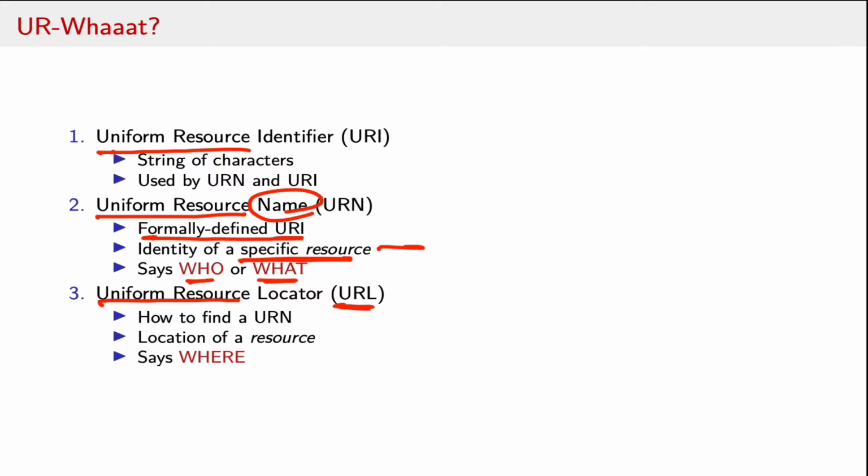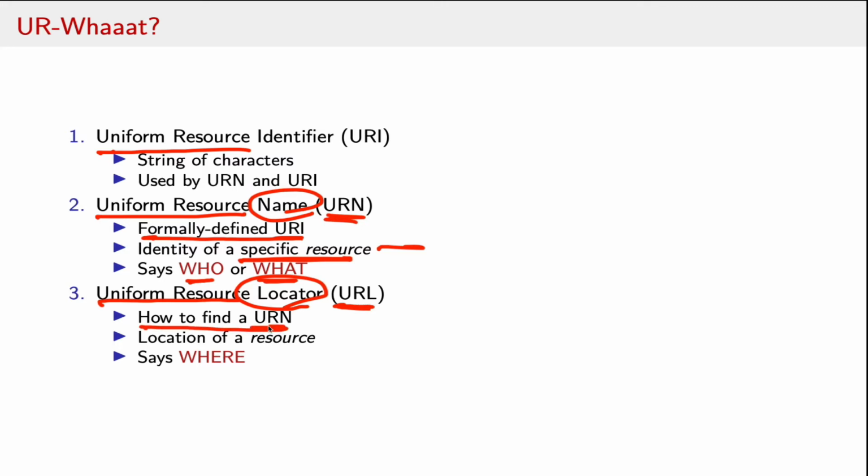So it identifies a specific resource. What it doesn't tell us, though, is where to find that resource or how to access that resource. And that's really the job of this top level, the third level notion of a Uniform Resource Locator. As you can tell by the name, it specifies a location for something. So whereas the URN is just an identifier, the URL says, how do we find that URN?